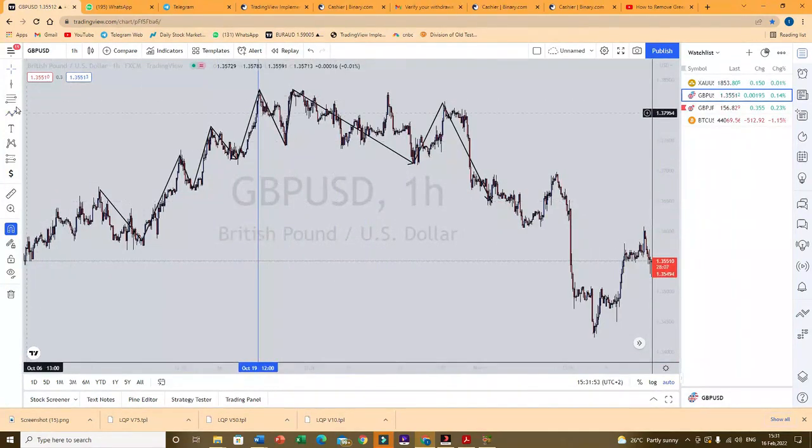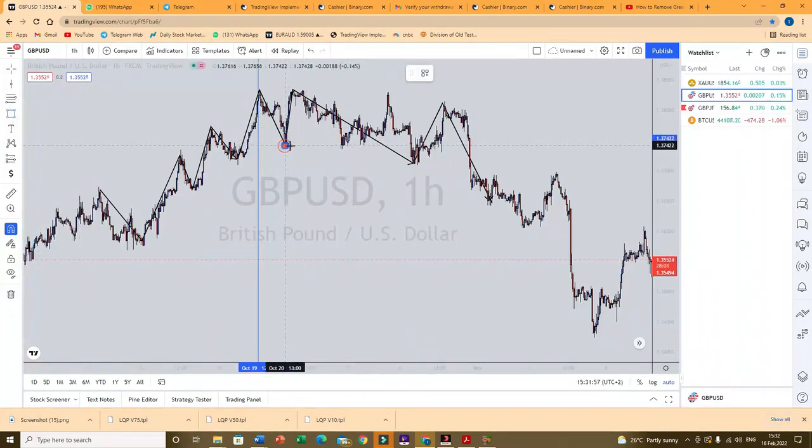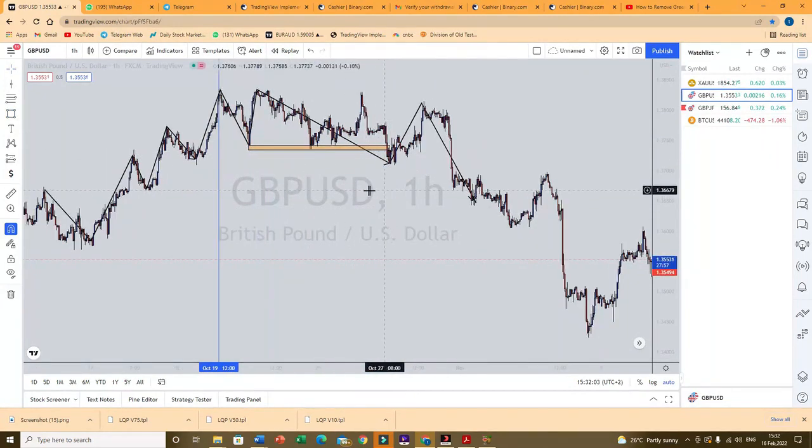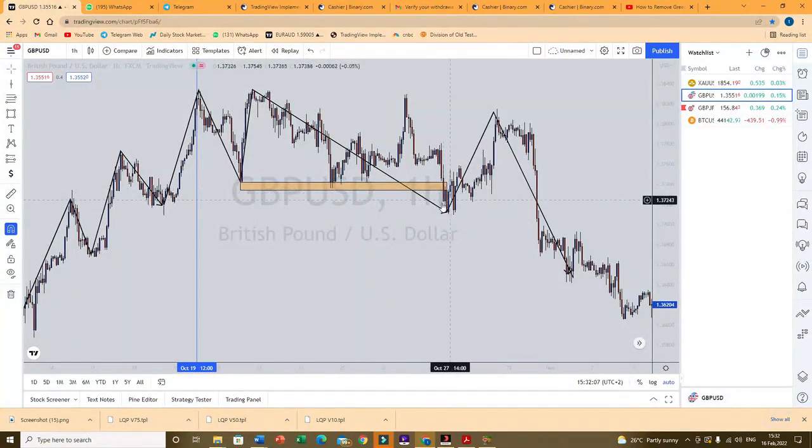So from this point, if we can mark it so that we start a little bit clearer. Okay, right. So we can see that our price broke this previous low. Price managed to break this low.